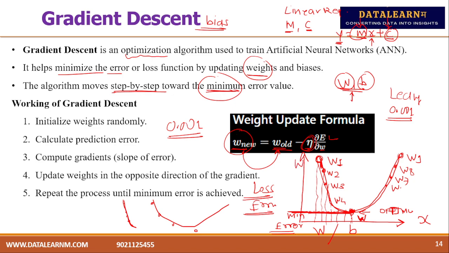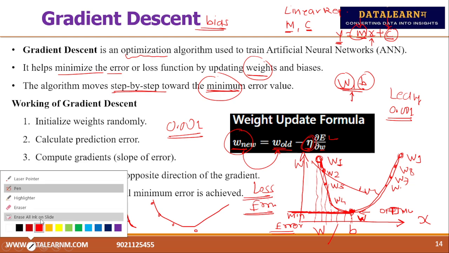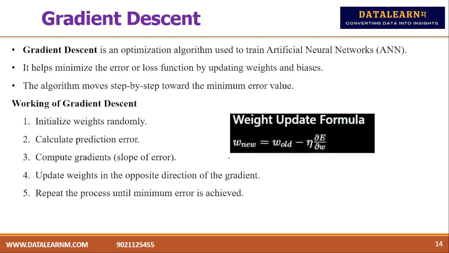But what will happen if W1 is there and W2 is somewhere far away? That graph will not give you the proper structure, or it will not converge properly. Is it okay for the eta value? Yes, sir.